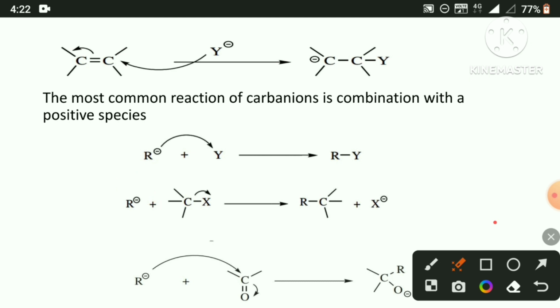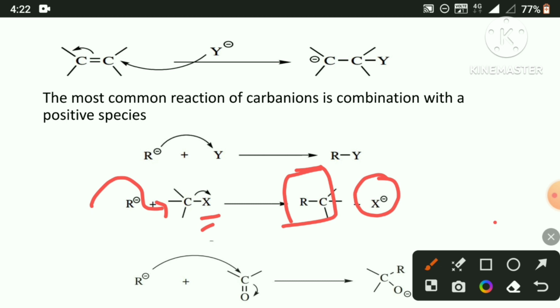It goes and bonds with the carbon which has the leaving group. This leaving group is eliminated as X minus. So now a nucleophilic substituted product is formed. So here this nucleophile is R minus, and this carbon is the electrophilic carbon.